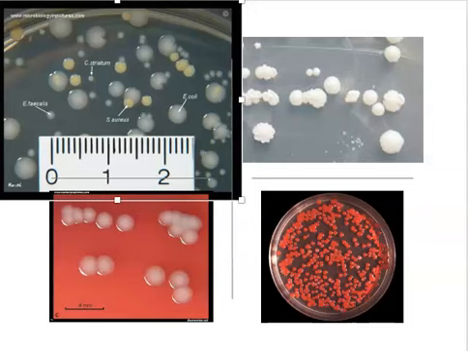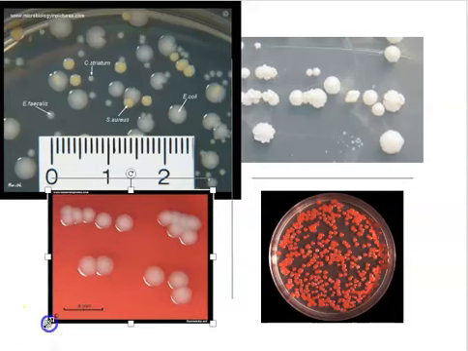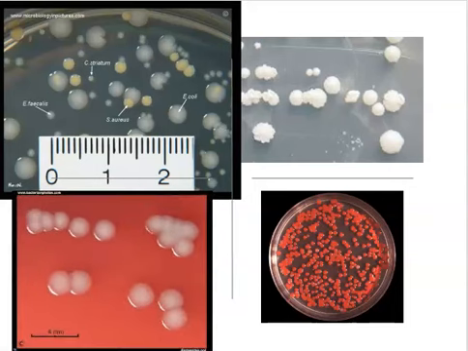It is important to know one thing, however, and be sure to write this down in your notes. While each individual species of bacteria has its own colony morphology, more than one type of bacteria can have the same colony morphology.